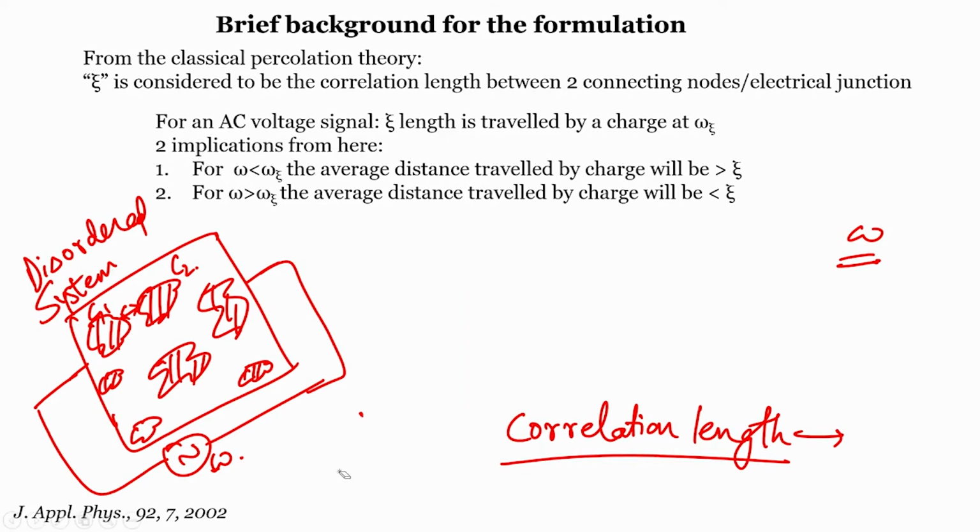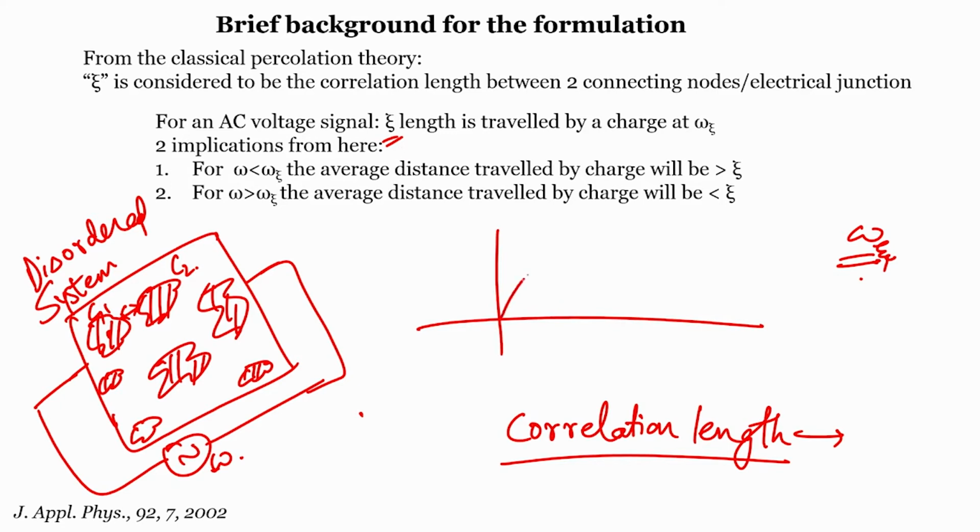So let's say we have applied a frequency of omega with a voltage signal, and the charges are getting sufficient potential to get excited. This is something that we are going to assume. With that frequency, let us suppose for the frequency corresponding to omega psi, the distance travelled will be the correlation length.